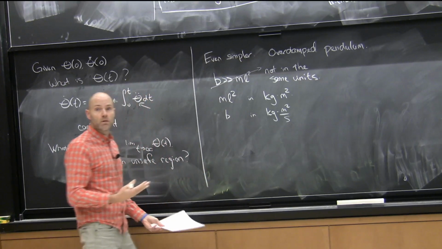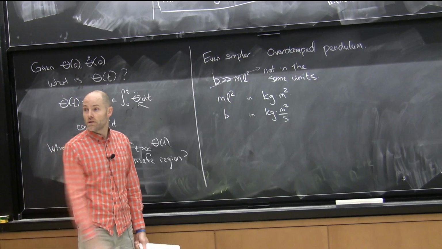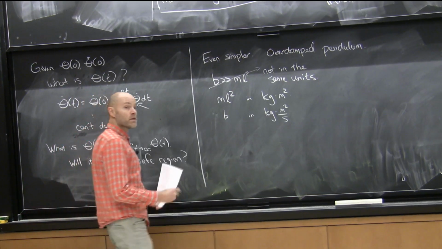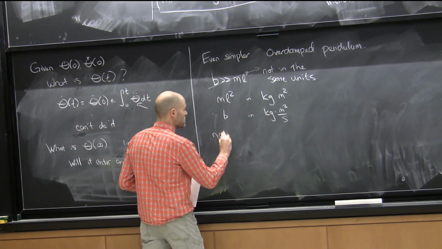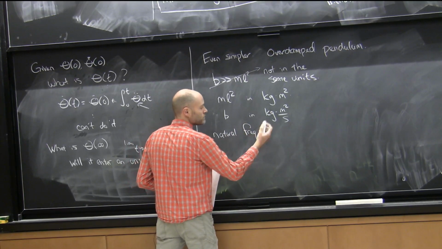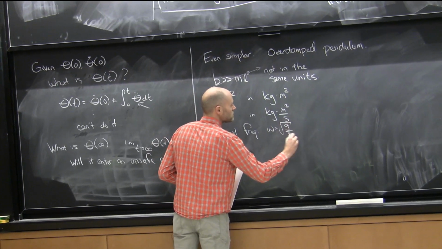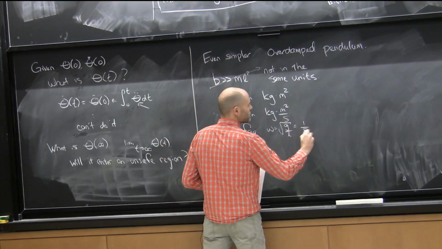What's a characteristic time constant for a pendulum would be its natural frequency. Okay? So the natural frequency of the pendulum, square root of g over L, has units 1 over seconds.